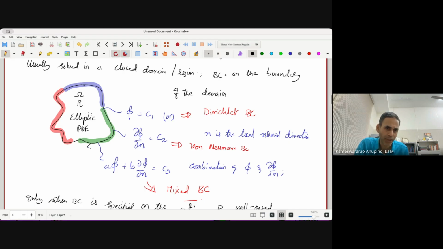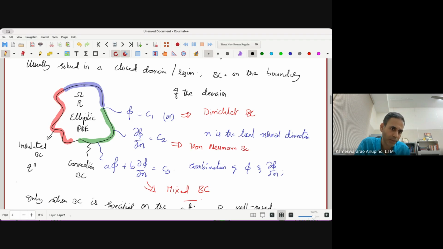For example, you will get mixed boundary conditions in places where you have convection boundary conditions. Okay, and then you will get Neumann boundary conditions where you have some kind of an insulated boundary condition, or if you have some heater that is supplying a constant heat flux.